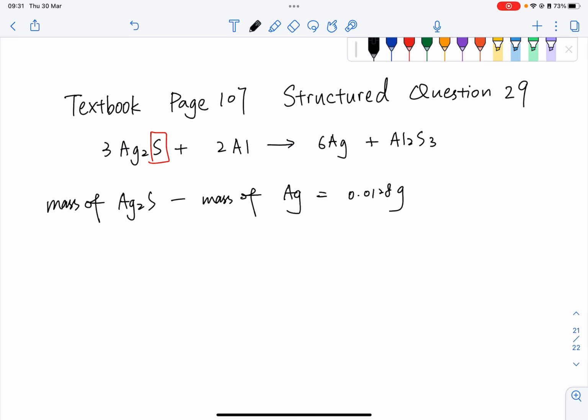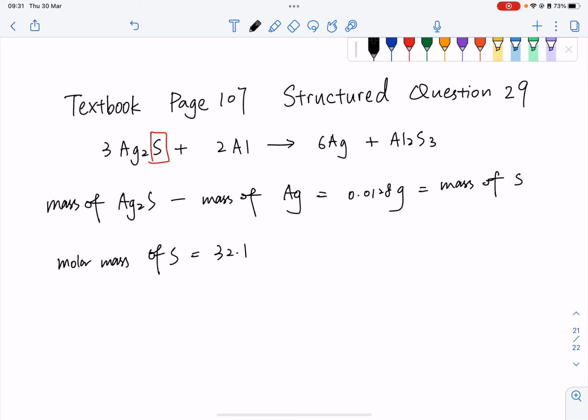Because it's decreased by. So this should equal the mass of sulfur decreased in this reaction. Now we know the mass of sulfur, and do we know the molar mass of sulfur?